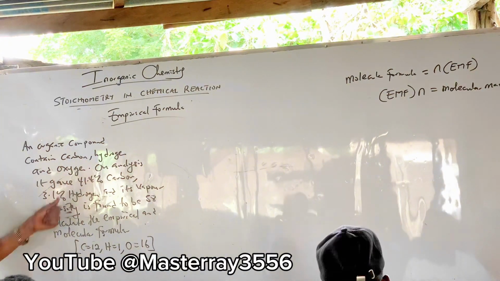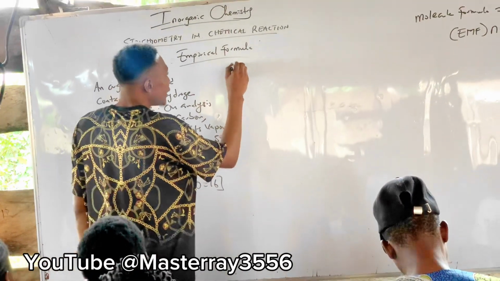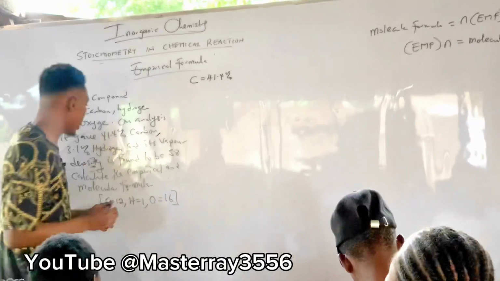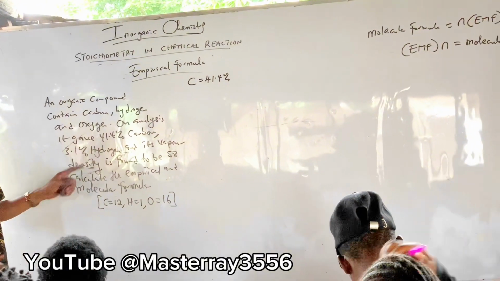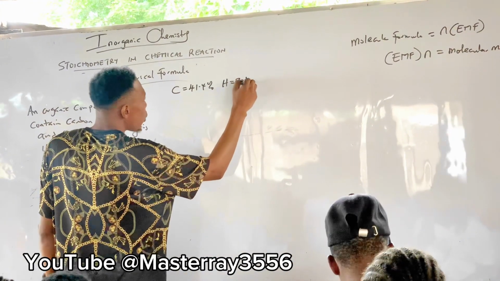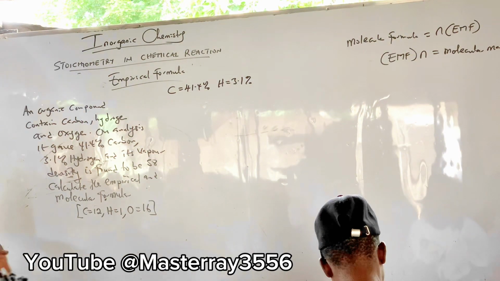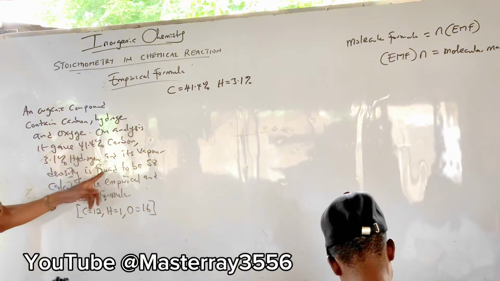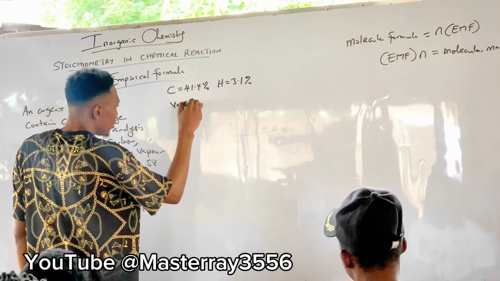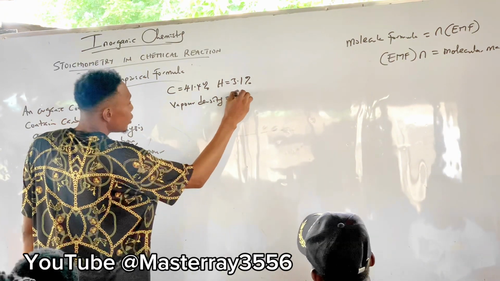On analysis it gave 41.4% carbon and 3.1% hydrogen. Then we are told that its vapor density is found to be 58. Here we are given vapor density.